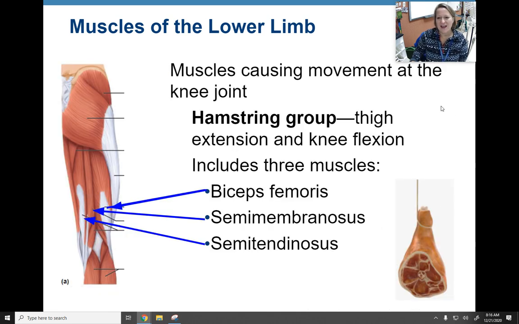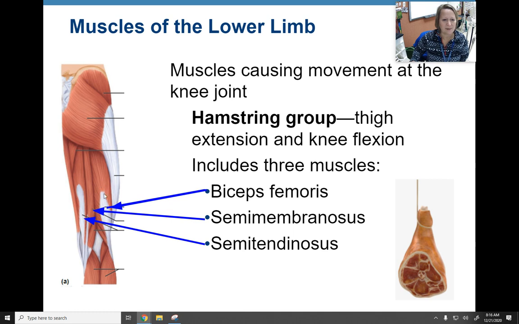The next one that your book highlights is the hamstring group. So the hamstring group is causing movement at the knee. So the origins are on this side of the femur. The three that make up the hamstring group are the biceps femoris. So that would be this one.